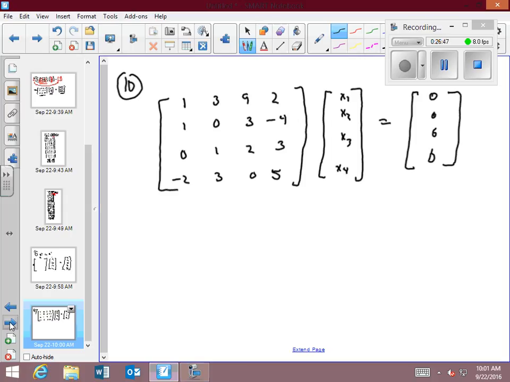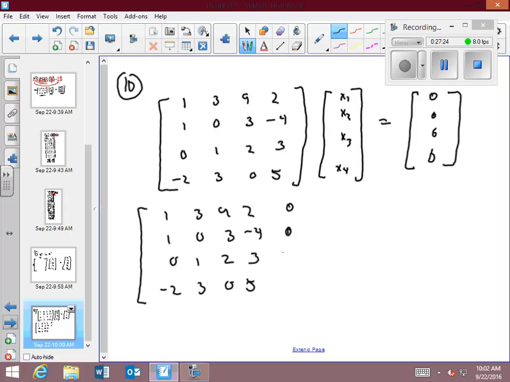So the way we'll do it is we'll augment the matrix with the zeros, find it, and then see what our result is. And we might have to have a parametric equation. So we want to augment it with the zeros.